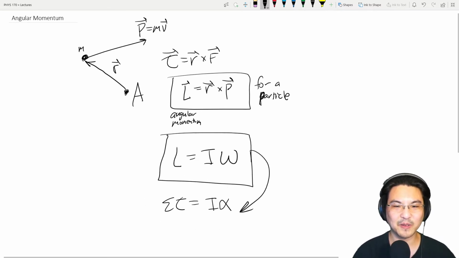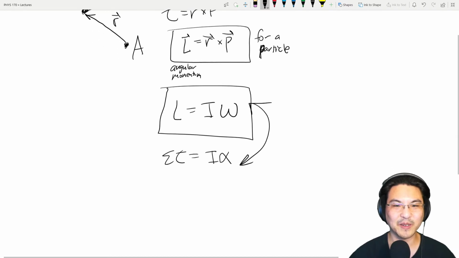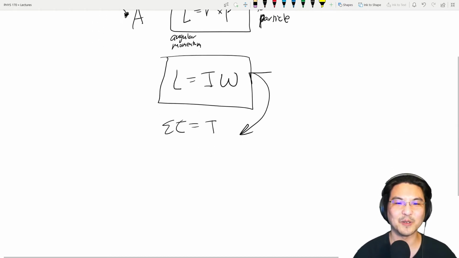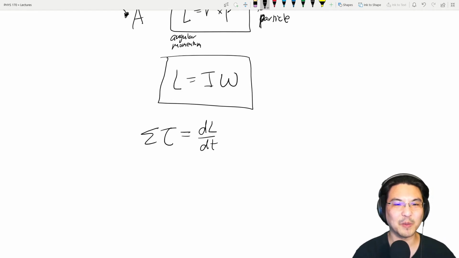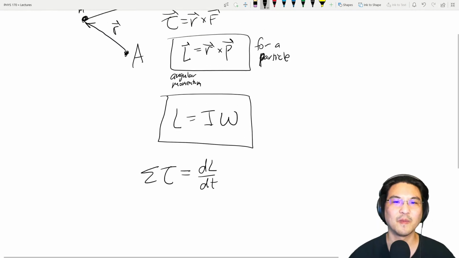And these two actually are related because the truth is Newton's second law, that I just wrote there for rotation: the sum of torques equals the time derivative of angular momentum. Okay, so this is angular momentum. This is for a single particle.